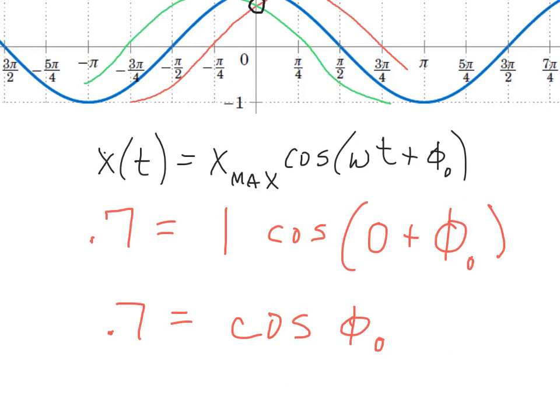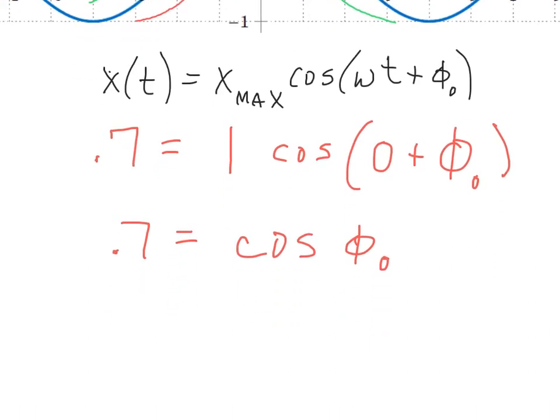Now, if you ask your calculator for the solution to this, it's going to give you just one. Depends on whether you're in degree mode or radian mode, but let's say we're in radian mode, and it's going to give us a positive pi over 4. It will give you maybe the decimal version of that depending on the mode that your calculator is in, but I'm going to use the exact form here.